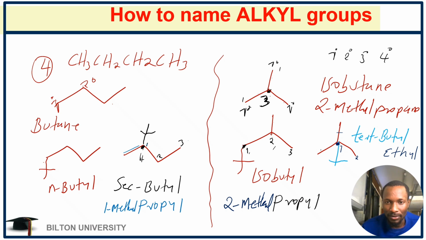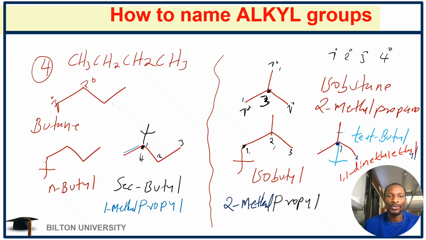Because there are 2 methyl groups and all of them are in carbon number 1, we can say 1,1-dimethylethyl. Let me just erase it to create more space. So our tert-butyl can also be named as 1,1-dimethylethyl because there are 2 methyl groups.